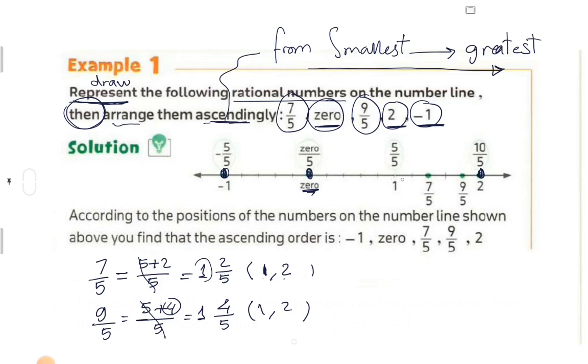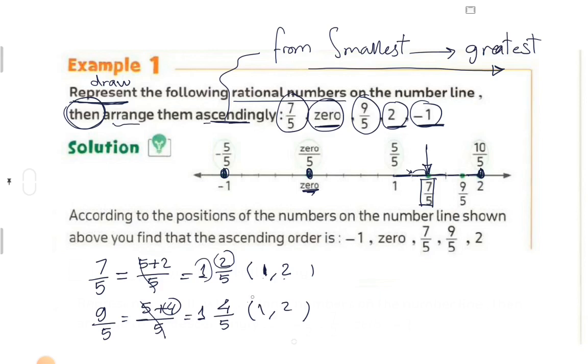Look here, between 1 and 2, divide it into 5 distances: 1, 2, 3, 4, 5. This is the first distance, second, third, fourth, fifth. And choose 2 parts, just 2 parts. Put here 7 over 5.